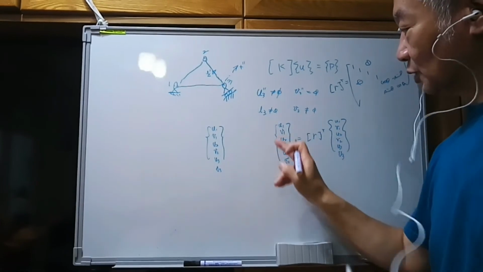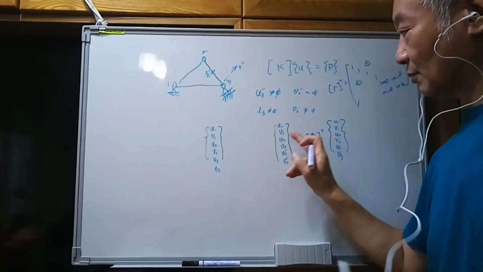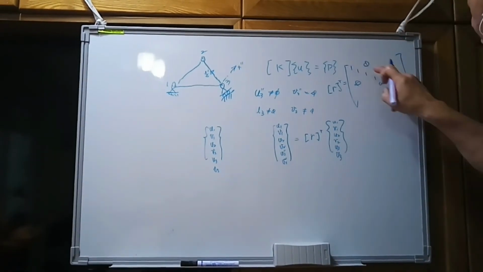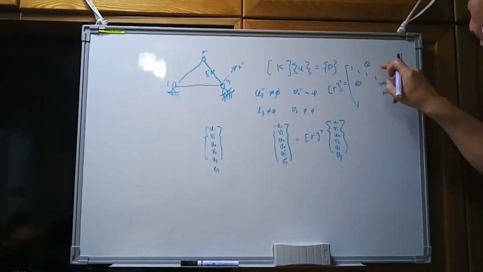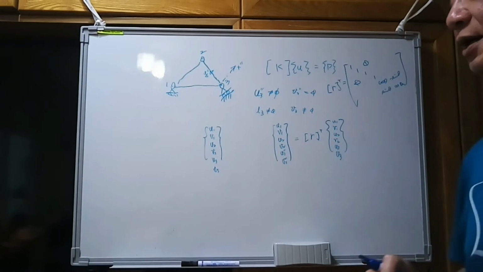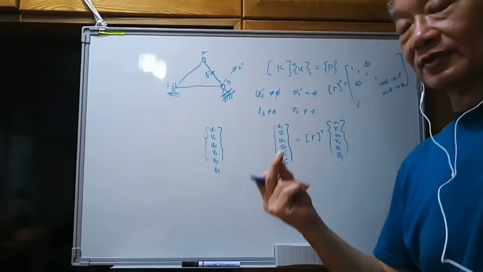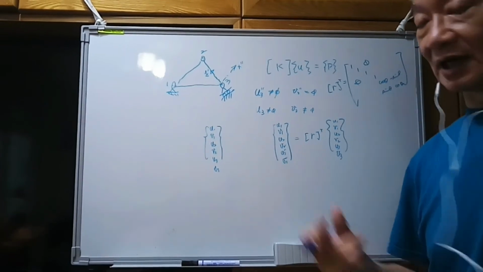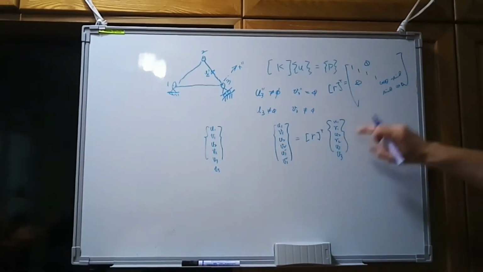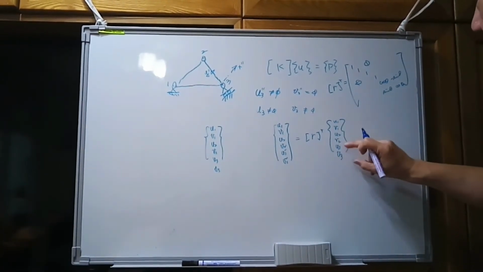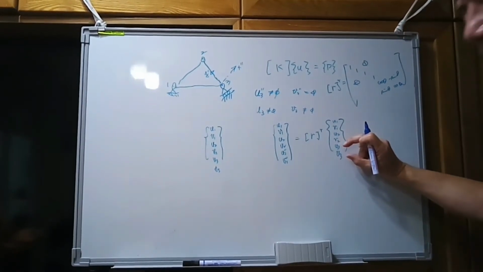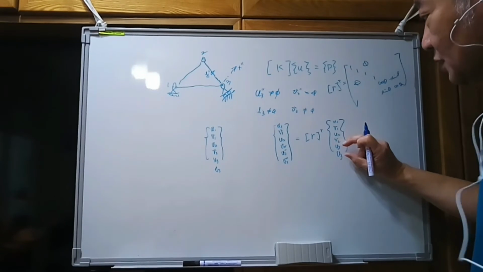Since we don't need to transform the vector components for the first two node points, we just use the unit vector, the element 1, which must be used for all the diagonal elements. But for the U3 and V3, originally they are the components in global coordinates.